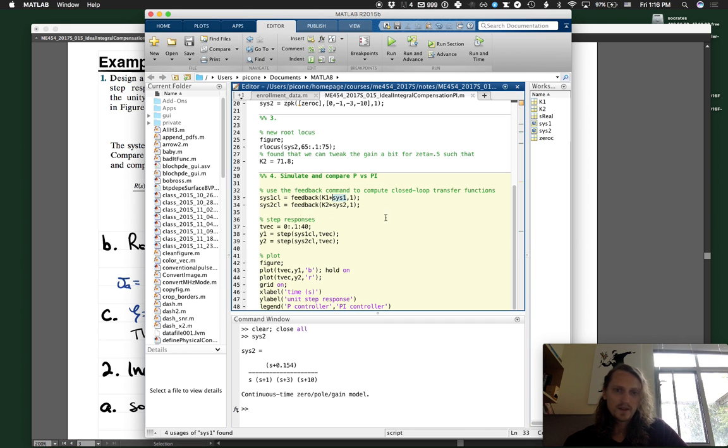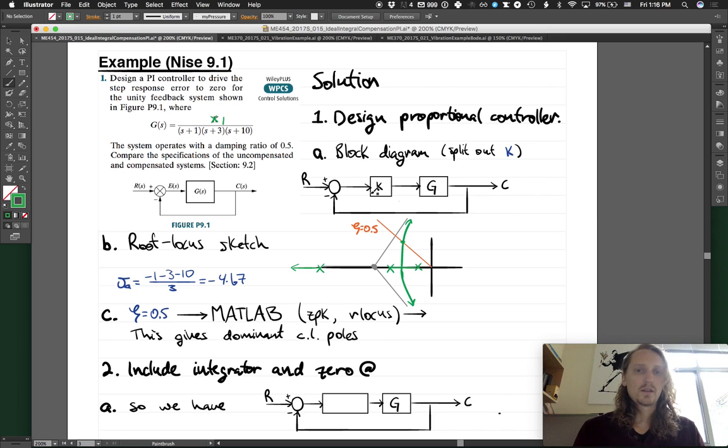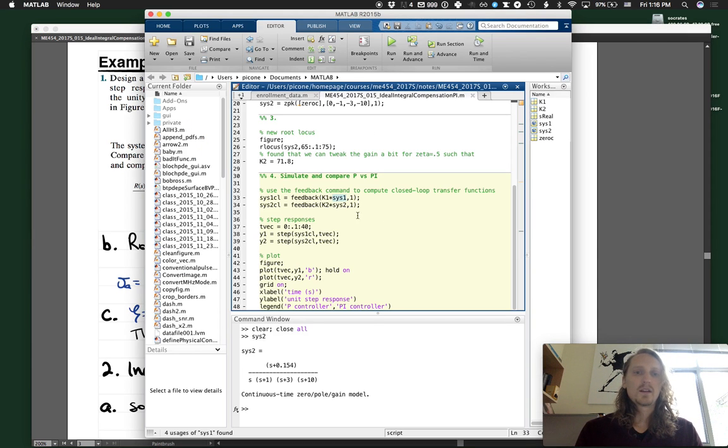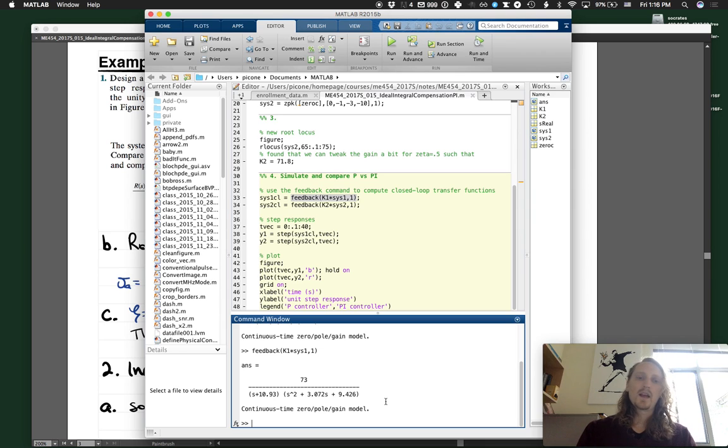If we go back to our system, this is the closed loop transfer function from R to C. So from R to C, we have sys1 closed loop, and if we just evaluated this without entering it into a variable, we get this as our transfer function.